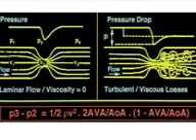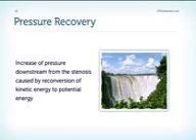Of course, there is a very complicated formula that we don't have to apply in daily life. It's just a thing to keep in mind. What happens is that you have an increase of pressure downstream from the stenosis caused by reconversion of kinetic energy to potential energy.